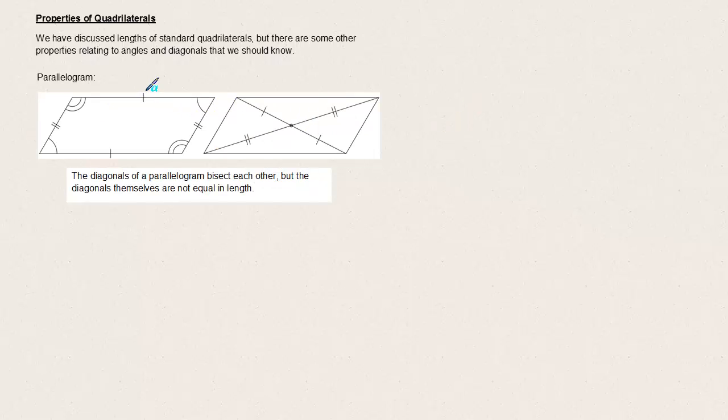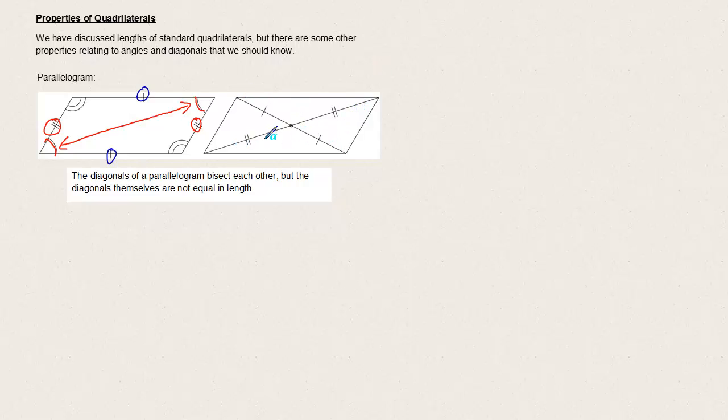If we look at the parallelogram, we know that opposite sides are equal in length. It's also true in a parallelogram that opposite angles are equal. We can see that with the single marking on these two angles and the double marking on these two angles.